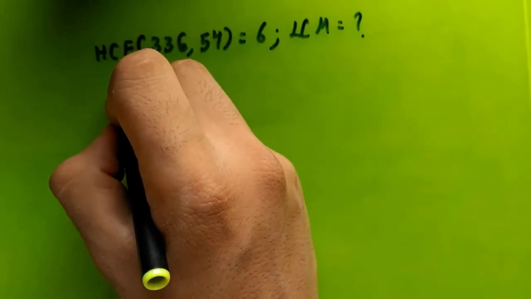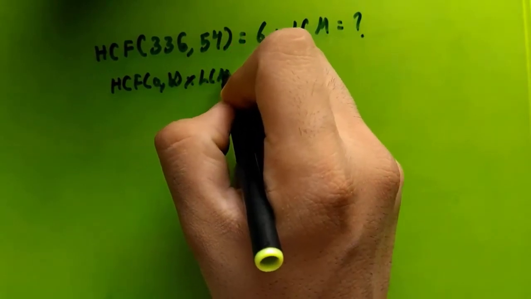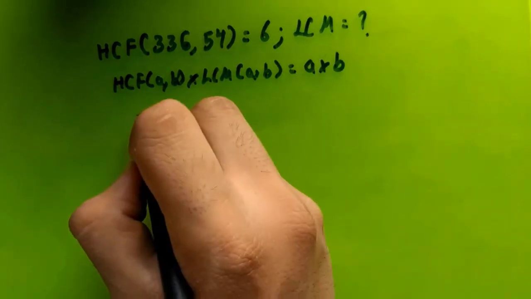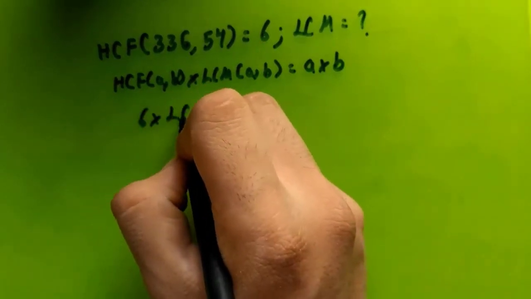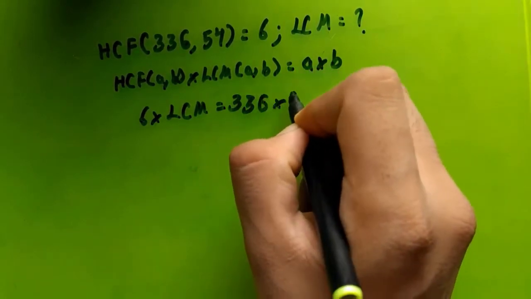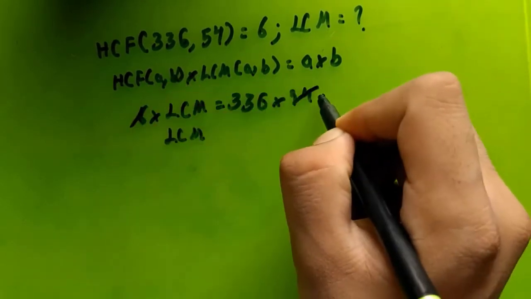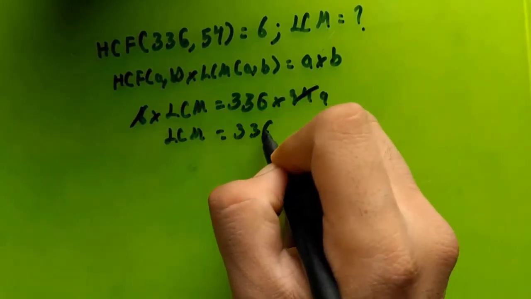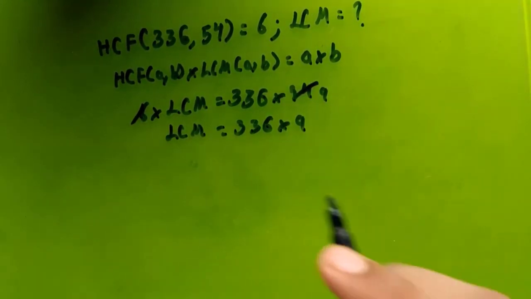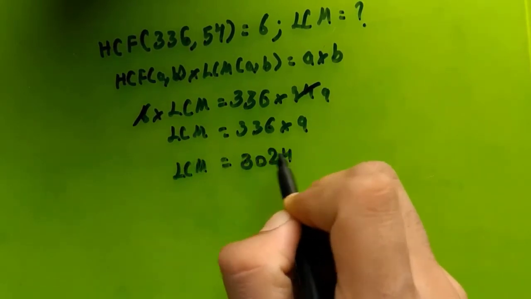We know that HCF of A and B into LCM of A and B is equal to product of A and B. Therefore 6 into LCM will be equal to 336 into 54, which will be equal to LCM equal to 336 into 9, which will be equal to 3024.